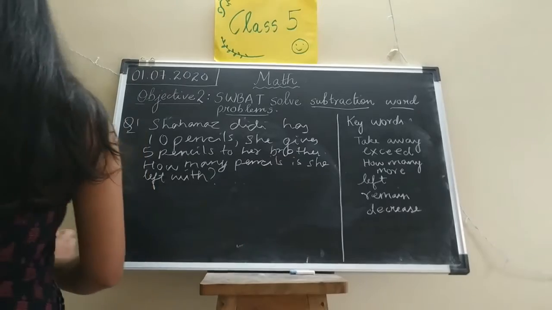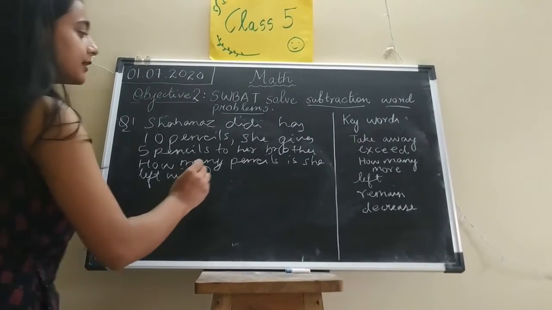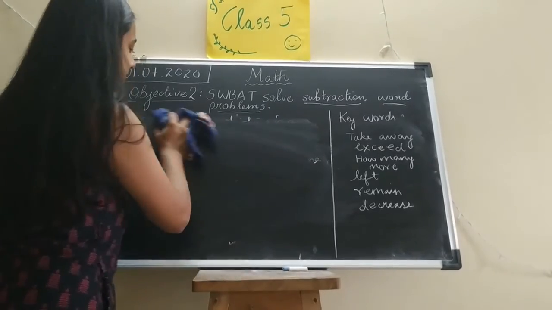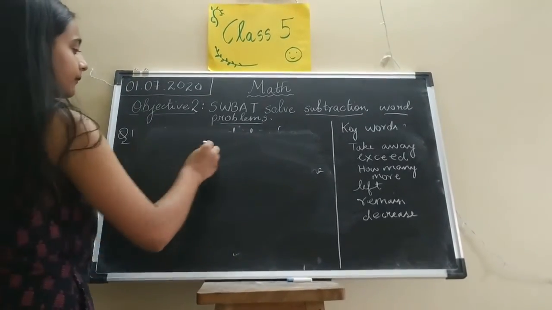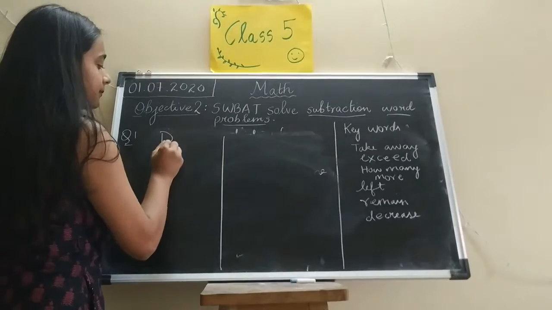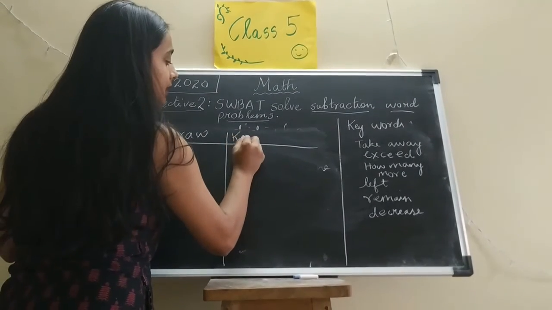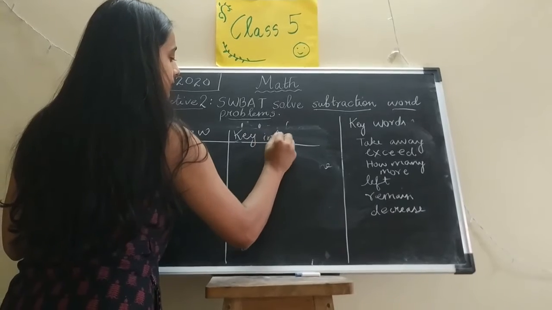So we will do it in our table form that we learned last time. Okay? So let's see. I will erase this. Now in one part of your table you have draw, where you draw the sum. Here you have key information.